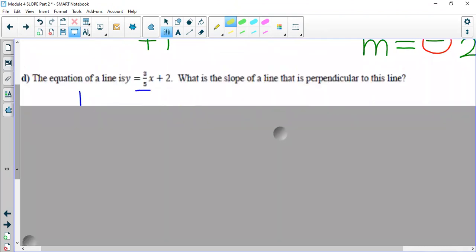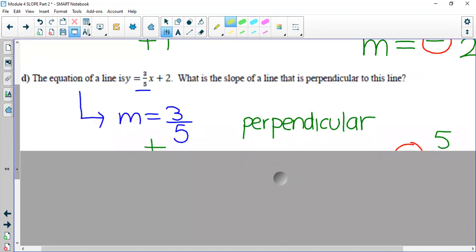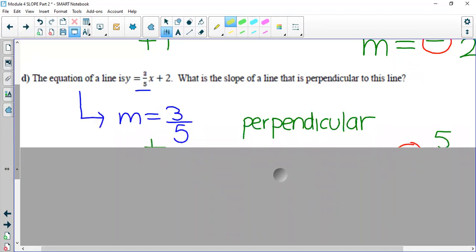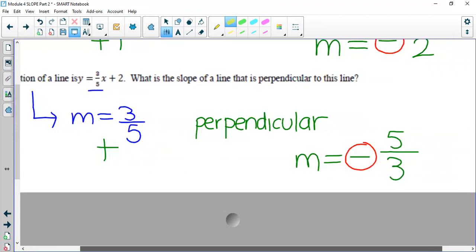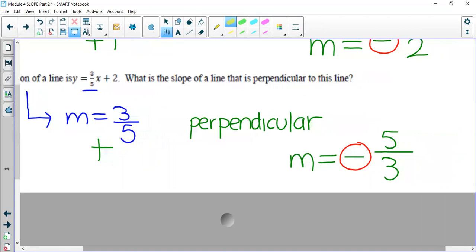Now, it gets a little bit trickier when we have fractions or negative slopes. In this case, my slope is positive 3/5. In the situation where I want a slope of a line that is perpendicular, first, I flip the slope. So instead of 3/5, it becomes 5/3.